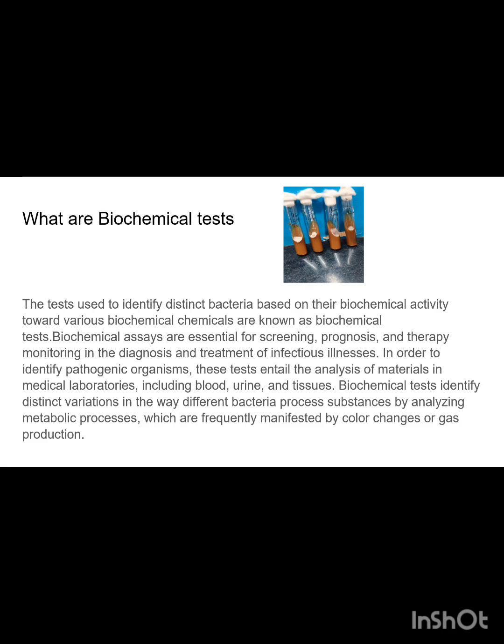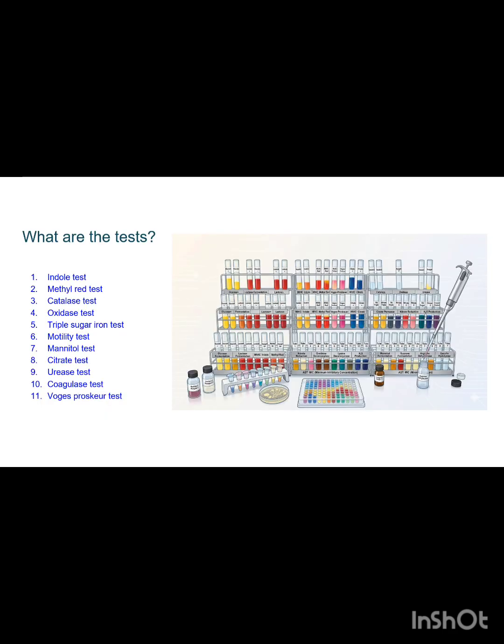What are the different types of tests we have? We have the indole test, methyl red test, catalase test, oxidase test, triple sugar iron test, motility test, mannitol, citrate, urease, coagulase and Voges-Proskauer test.